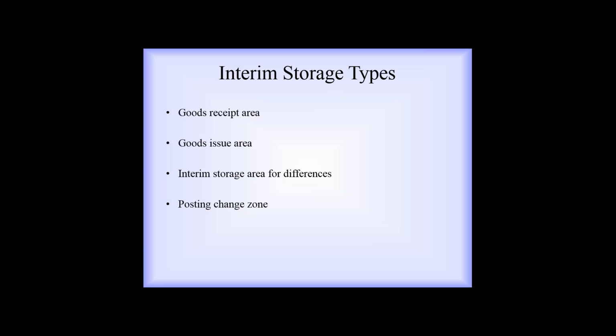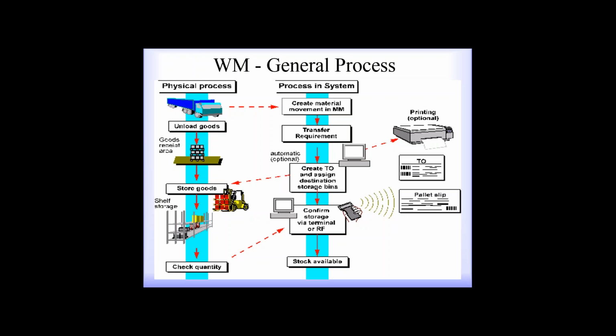I can guide you on how to create a new interim storage type as well, and for which scenario it might be required. You can see, for example, goods receipt area, goods issue area, interim storage area for differences, the posting change zone, and other goods receipt areas. Similarly, you can create other interim storage types in SAP. Interim storage in SAP starts with the 9 series as standard.